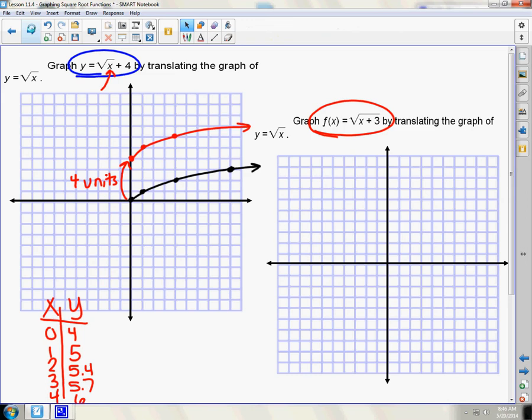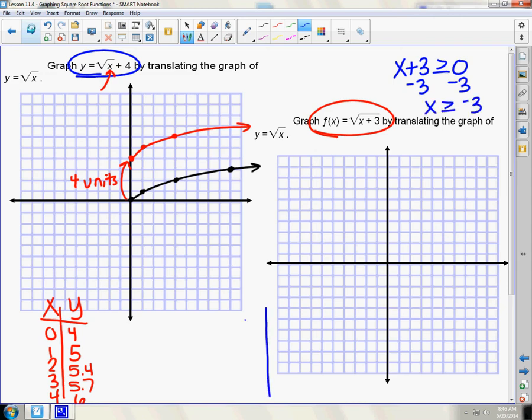And then this one's a little bit different. If I look at this, x plus 3, I want my radicand to be greater than or equal to 0, so negative 3. So x has to be greater than or equal to negative 3. When I make my table, I'm going to start at negative 3, negative 2, negative 1, 0, 1. We'll see what we get. Negative 3 plus 3 is 0.